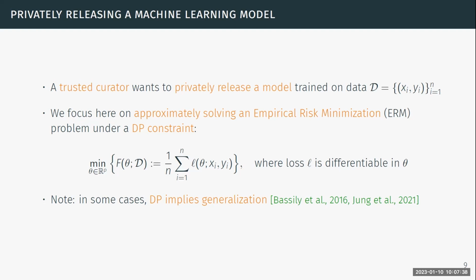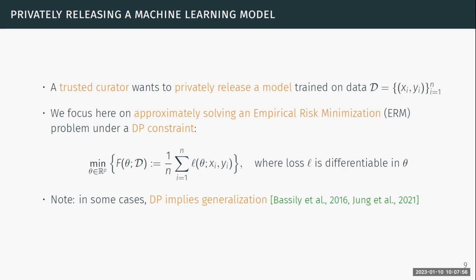I'm going to focus here on so-called empirical risk minimization formulations. So essentially, the idea is I have a set of model parameters, and I want to try to find the model parameters that minimize an average loss over my training data. Okay, so this is a standard formulation in machine learning.